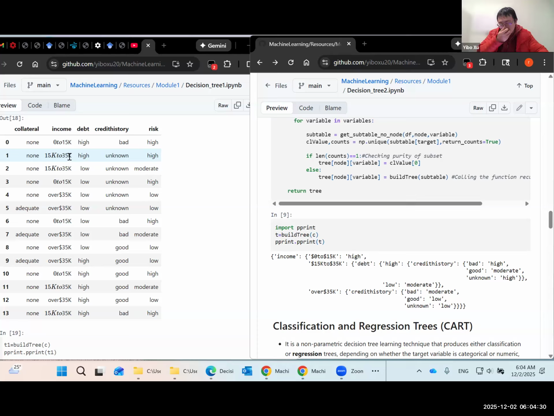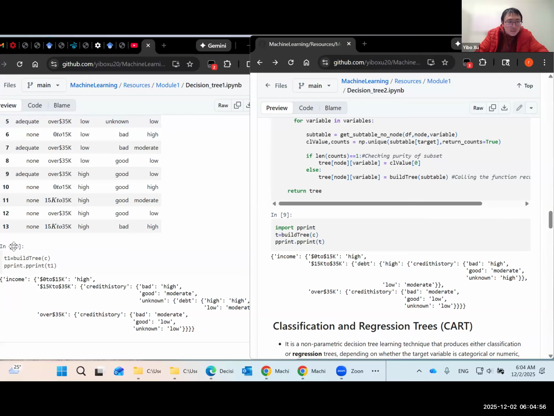Between the two dollar symbols, the markdown is viewing it as a kind of LaTeX format, which is a bit weird. Over the dollar symbol of 35K this is a reasonable display, but these ones are a little bit messed up. But the data is going to be the same.